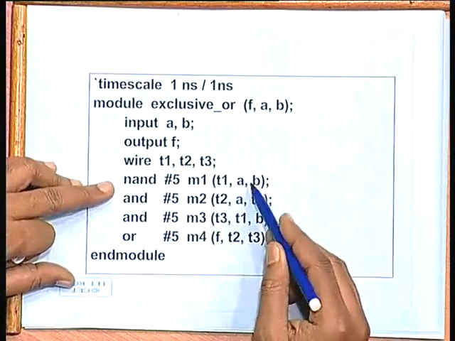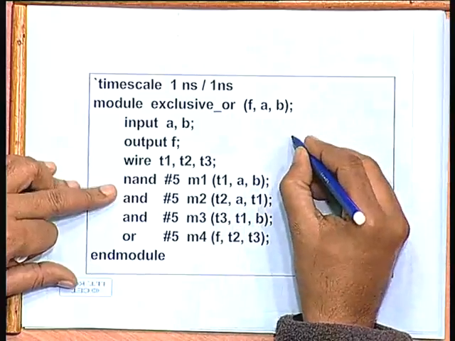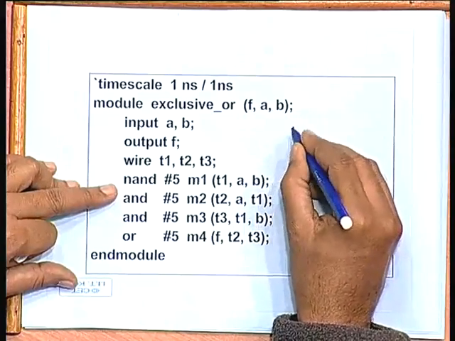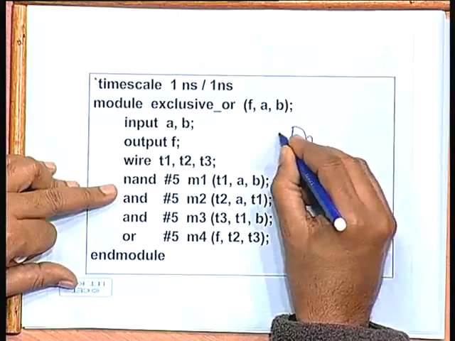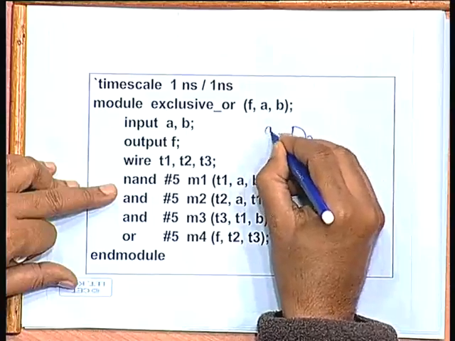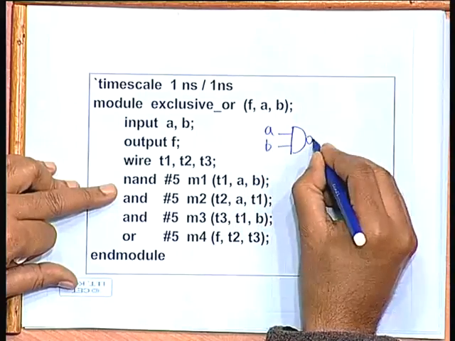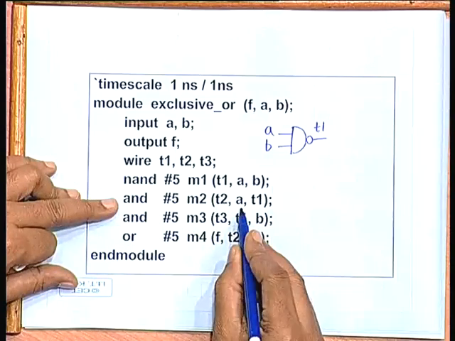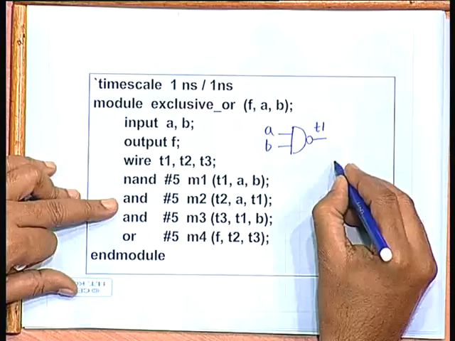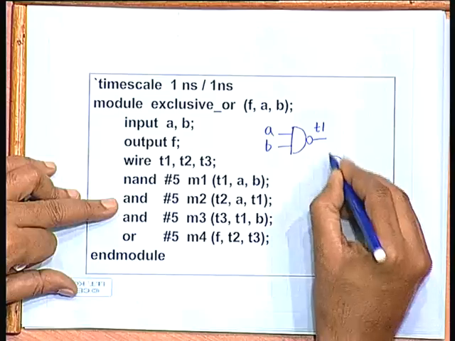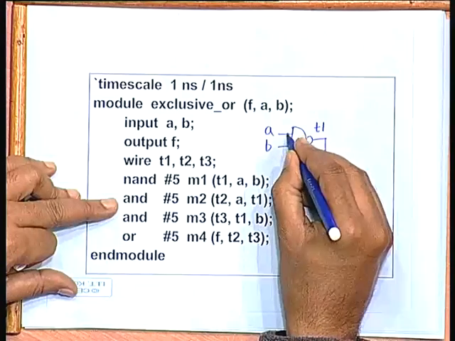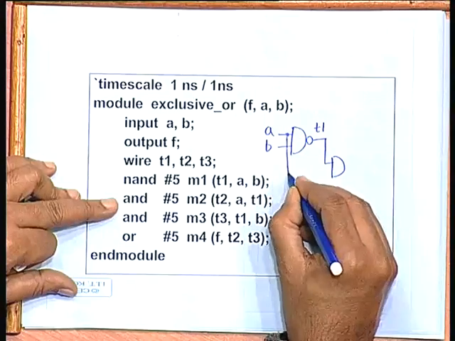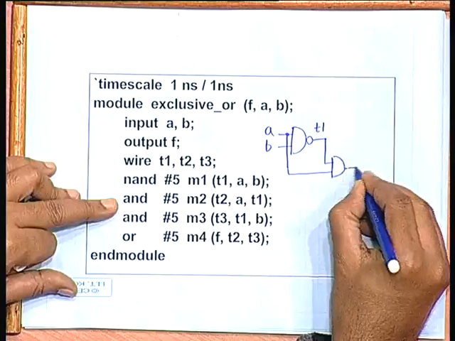If you look at this netlist, there is a NAND gate which takes A and B as the inputs, the output is T1. There is another AND gate, one input is T1, the other input is A, this gives T2.